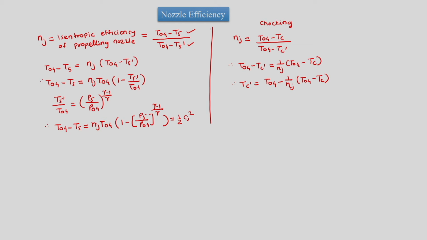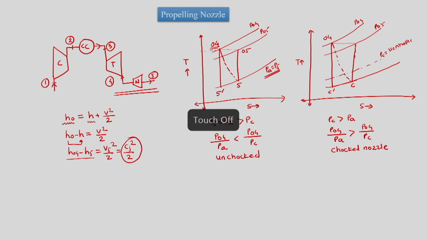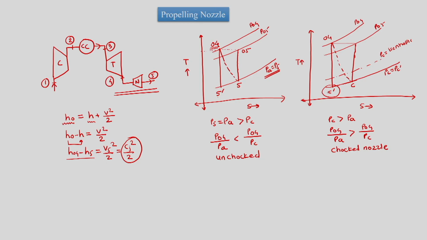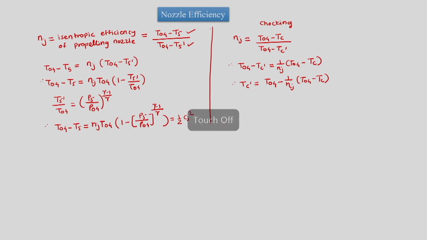Here, since the nozzle has choked, we are unable to know what this temperature is, where this is the Pc pressure. Pc is equal to Pc dash. We would not know what the exit pressure is, and we also would not know what the temperature is which would otherwise have been attained by the gas. So we are writing an expression for Tc dash, which is equal to T04 minus 1 upon Nj into T04 minus Tc.